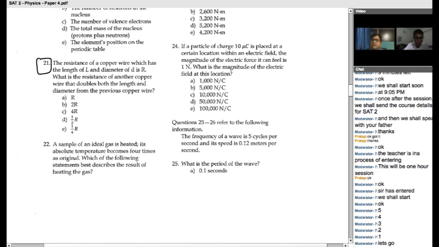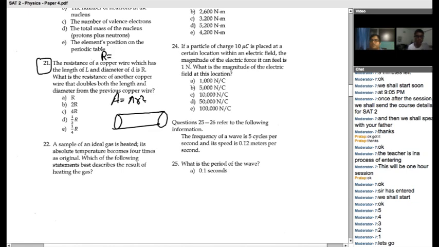Why? See, when the diameter is doubled, what will happen to the area? Area of cross section is pi r square if it is cylindrical, right? So it is proportional to d square.